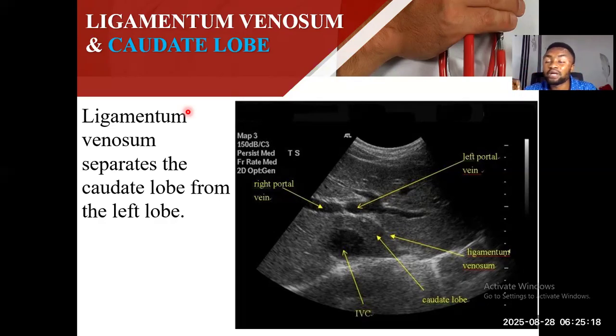So there is something we call a shunt. When we say a shunt, you understand shunt. It directs the blood to a different angle. You are shunting the blood. You are diverting the flow to a different angle, and that is ductus venosus. The main shunt is called ductus venosus.